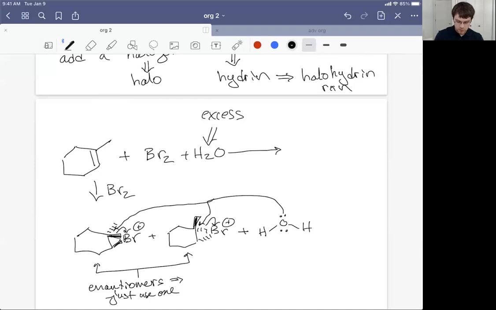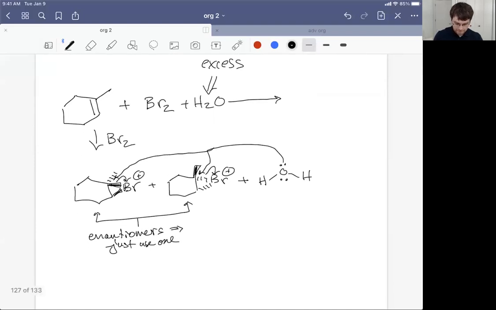And then push the electrons onto the bromine atom. We're going to do so with underneath attack. And again, we just pick one to go ahead with. Let's say we pick the left. So from the left, what I'll notice is that my bromine was once part of a wedged ring, so I'm just going to leave it there. And again, both enantiomers are formed. The one with the dash would also form.